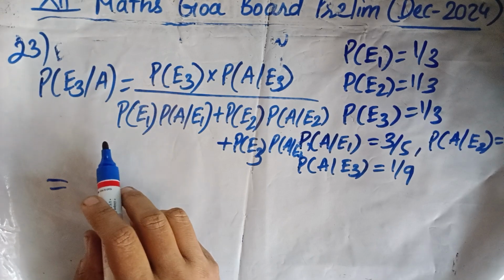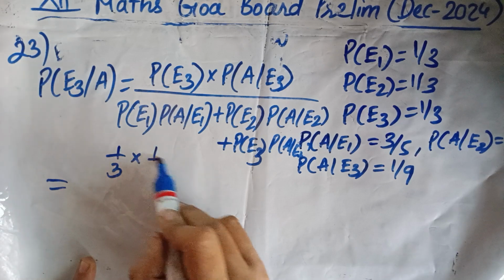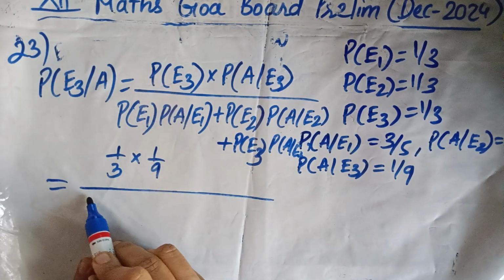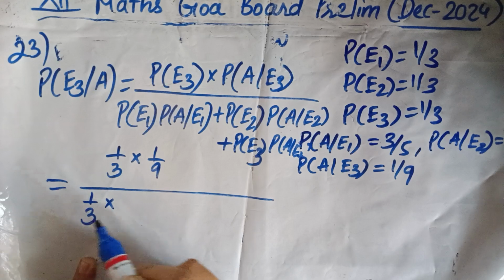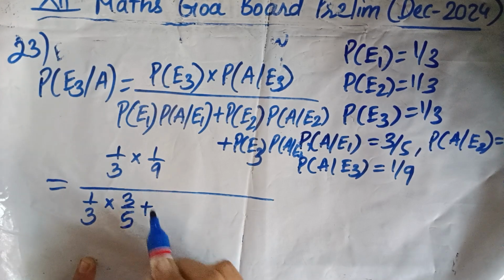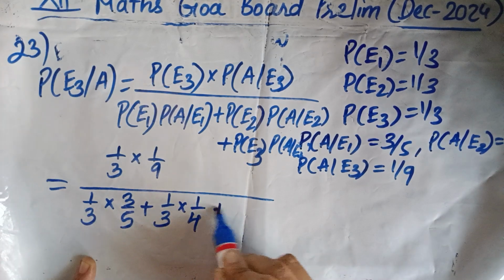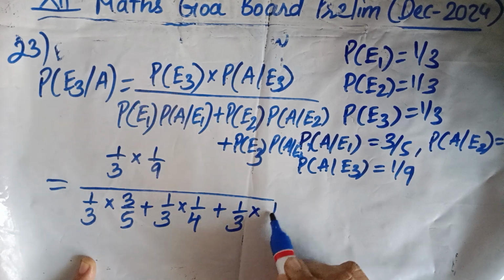Substituting values, E3 is 1 by 3, A over E3 is 1 by 9, upon 1 by 3 into 3 by 5 plus 1 by 3 into 1 by 4 plus 1 by 3 into 1 by 9.